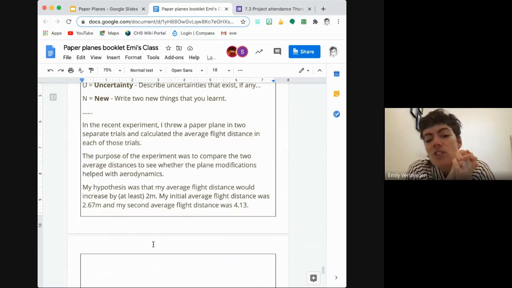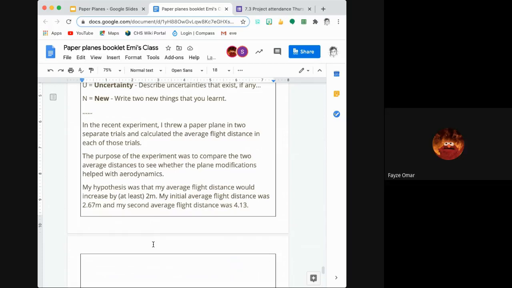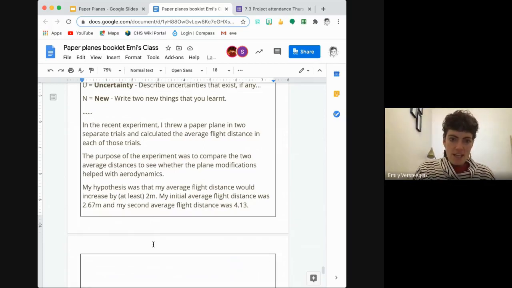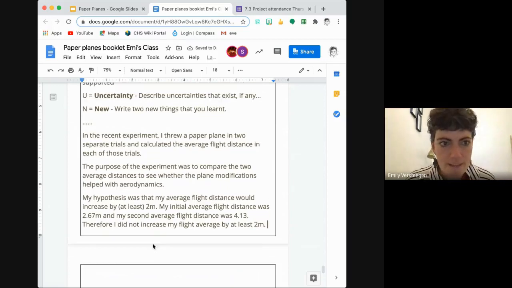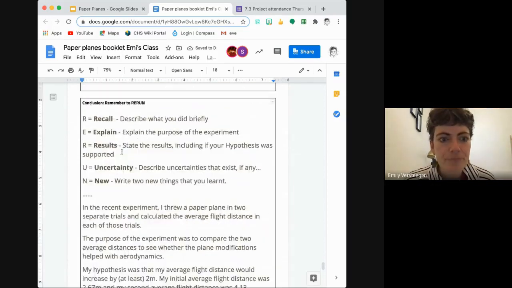Oh, I actually was just short because, look, if we're calculating the difference, 4.13 take 2.67 is only 1.46 meters, unfortunately. Therefore, I did not increase my flight average by at least 2 meters. Sad face for me.